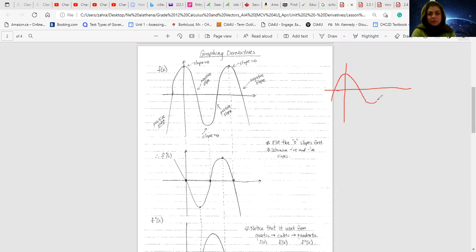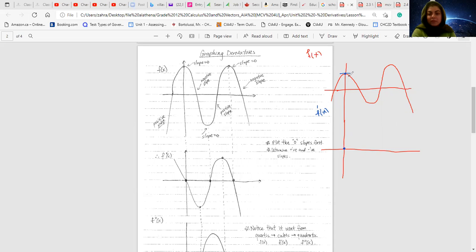Let's say this is my f of x. I want to draw f prime, so I do the same thing here. F prime of x is the slope, right? The tangent line here is horizontal, so the slope here is going to be 0. First, I'm going to find the zeros.